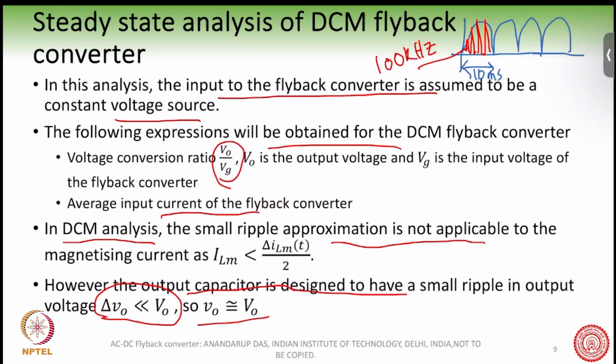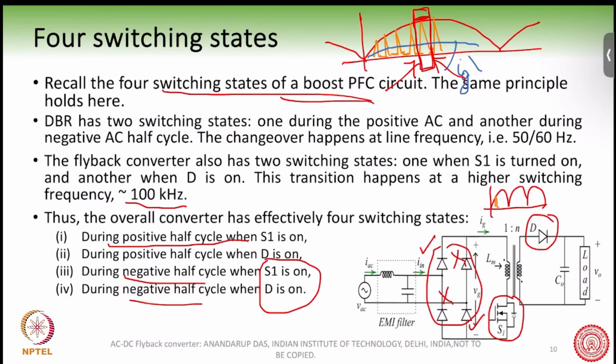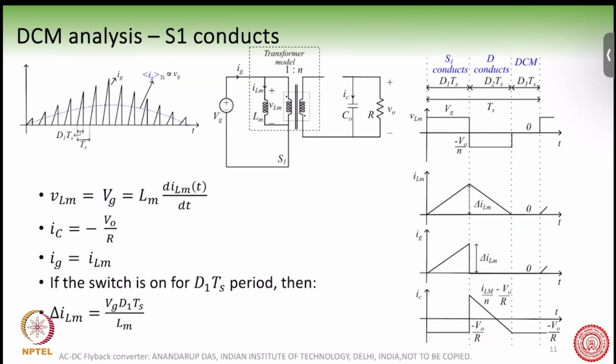With these approximations, with this understanding, and also understanding that there are 4 switching states and 2 frequencies involved, we now go and write the equations in one switching cycle. We are considering only one switching cycle.